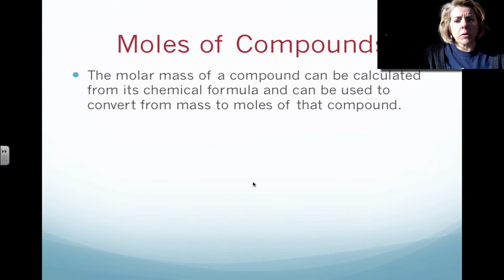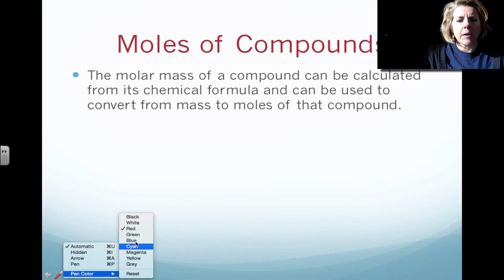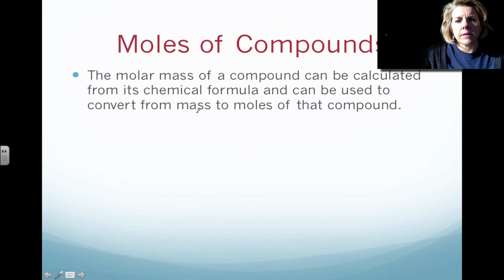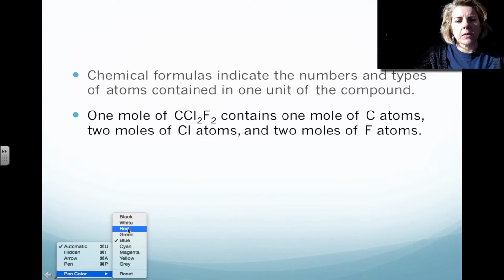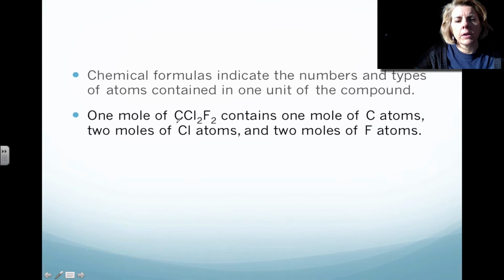So notice that with the moles of a compound, we're essentially looking at how many of each element is in that compound. So we can look at the chemical formula, and this chemical formula is going to tell us the amount of moles of each element. For instance, we have two examples here. The first example, we have CCl2F2.